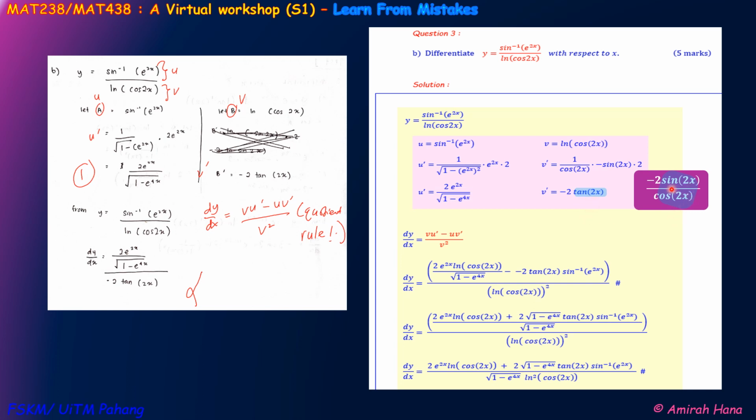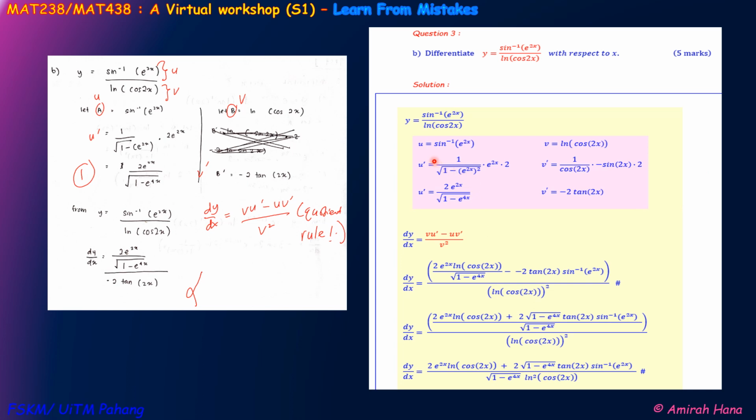Okay? Kalau kita ada sin single x over cos single x, maksudnya tangent single x. So, kalau kita ada sin 2x over cos 2x, means we can write tangent 2x. Right? So, v prime kita akan jadi, after we simplify this, we have negative 2 tangent 2x. Right?